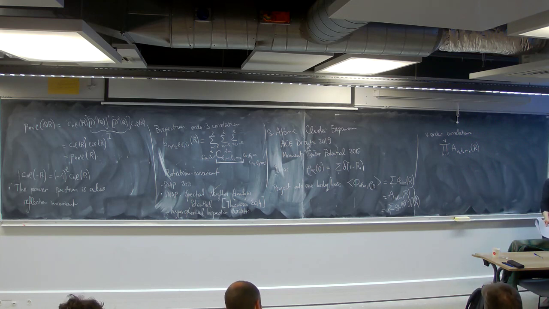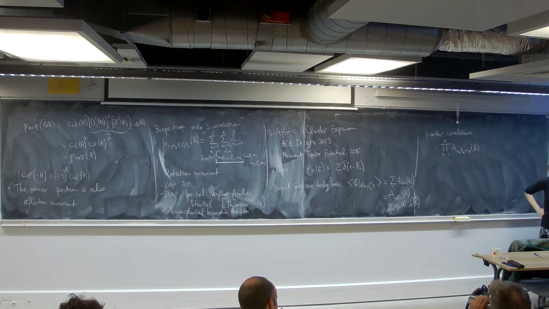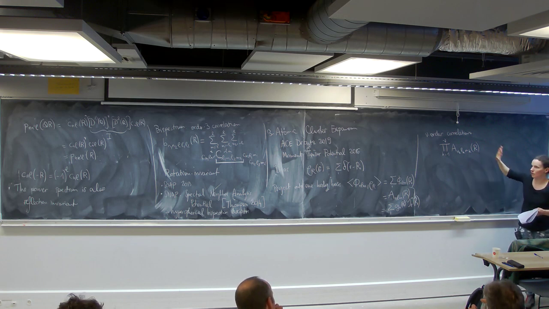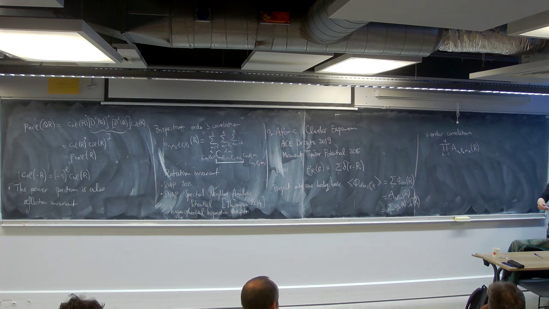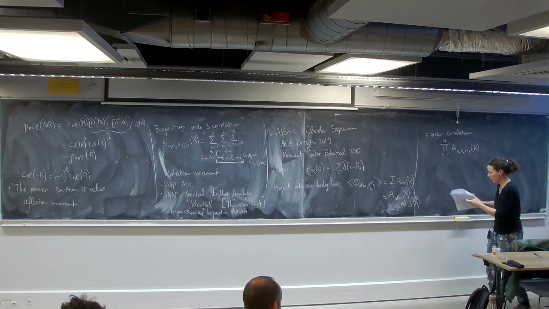Okay. And then, as before, what we want to do is to see how these quantities behave when we rotate, and we want to extract features that are rotation invariant.